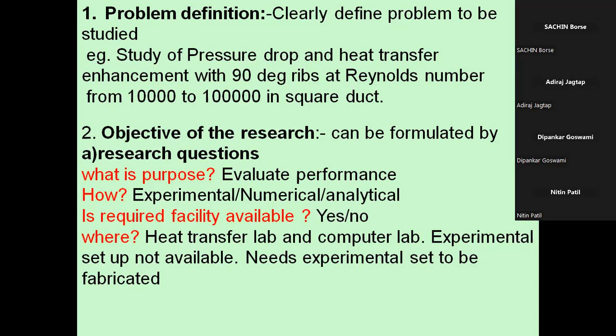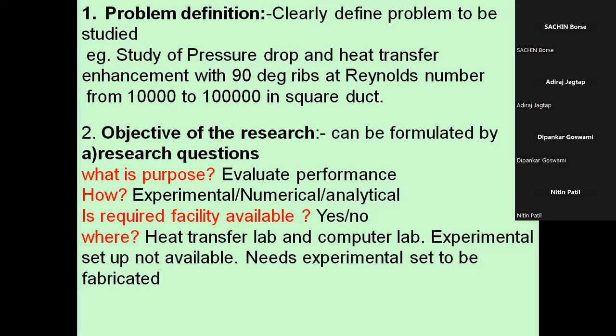When we define the problem, we'll take a separate lecture on the research problem, so I will not describe it here again, but I will say it is a very important step in the research. When we define the research problem, we have to clearly define the problem with its limit or boundary. Please understand, it should not be an unclear title.